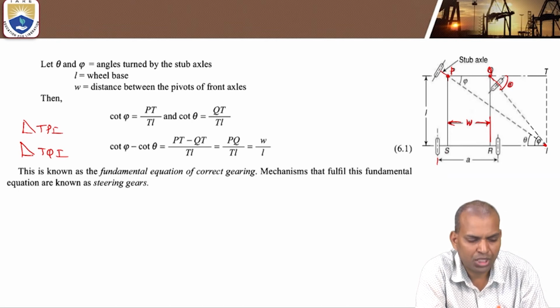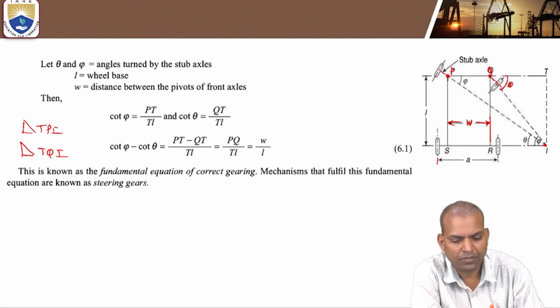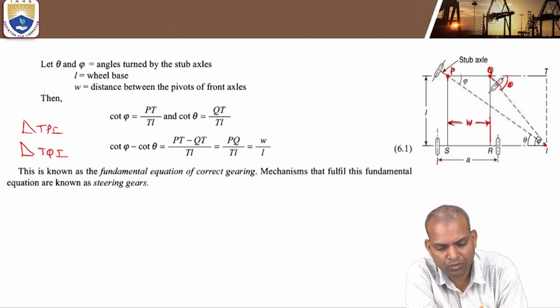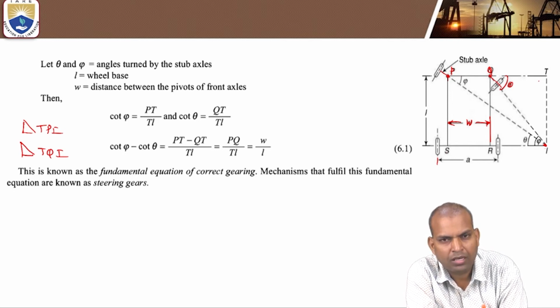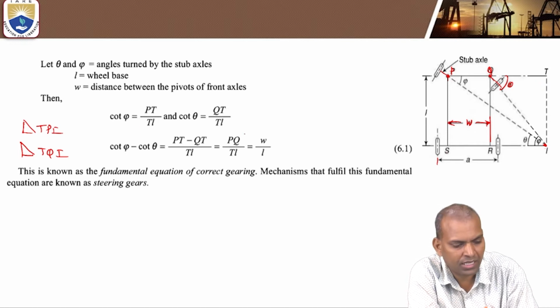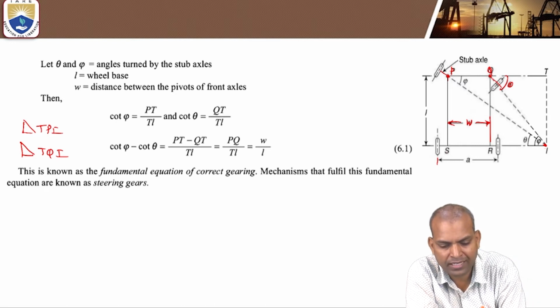From the first triangle TPI, cot phi equals the horizontal side upon the opposite side, that is PT by TI. Then cot theta, from right angle triangle TQI, equals QT by TI.